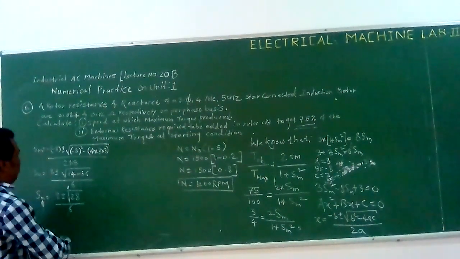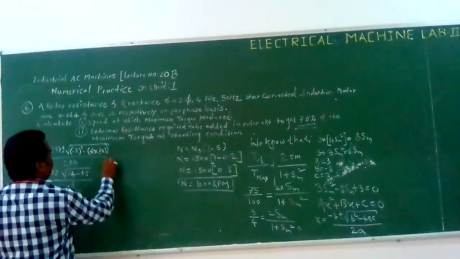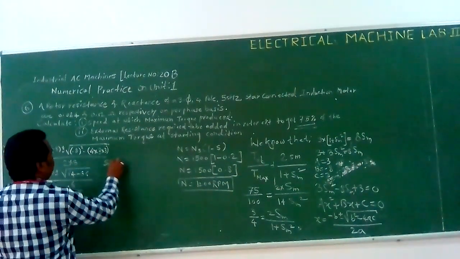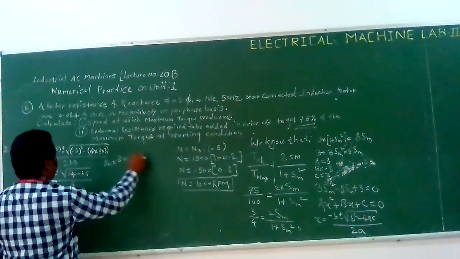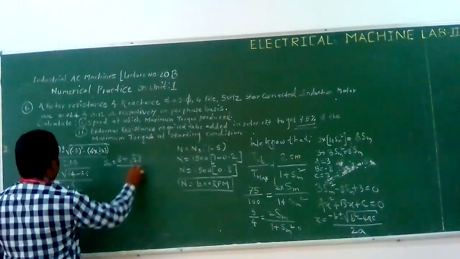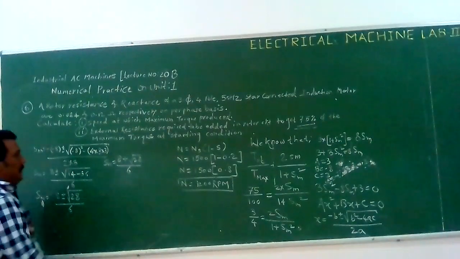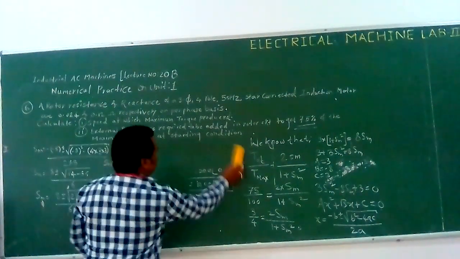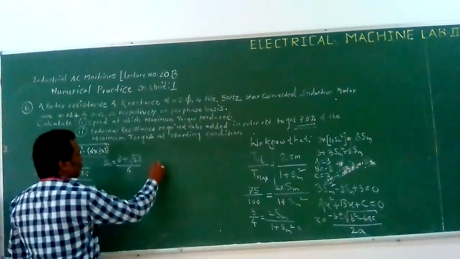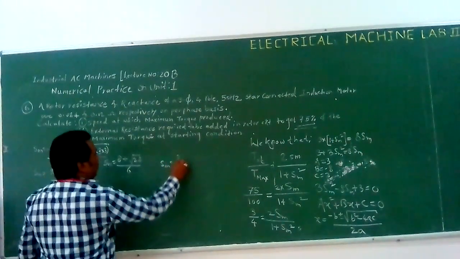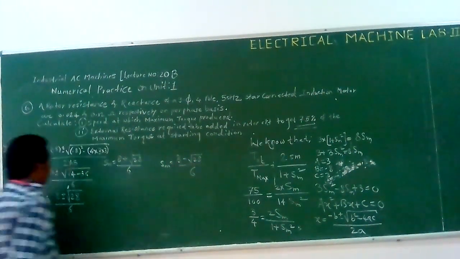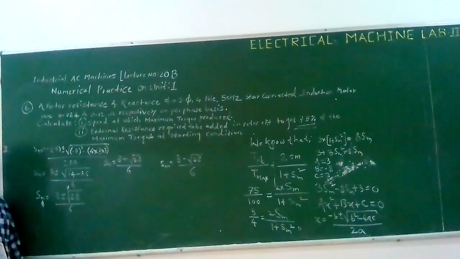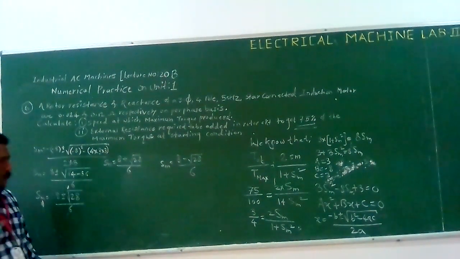First one is Sm is equal to (8 plus root 28) divided by 6, and the second is Sm is equal to (8 minus root 28) divided by 6, because here plus and minus signs are given, which means it has two roots.